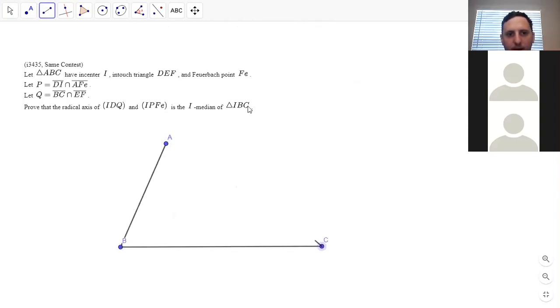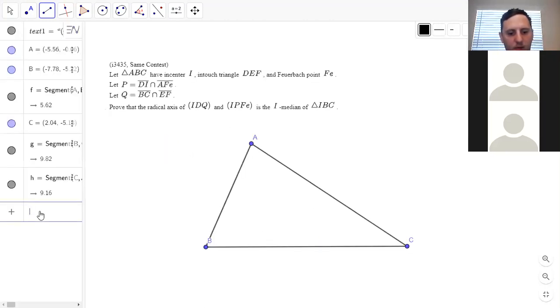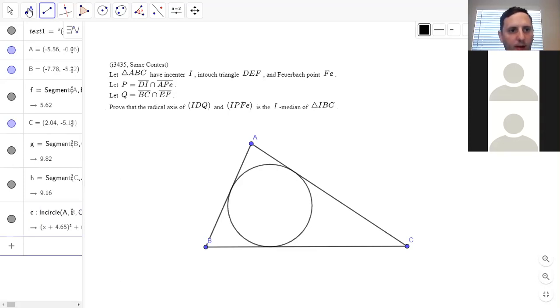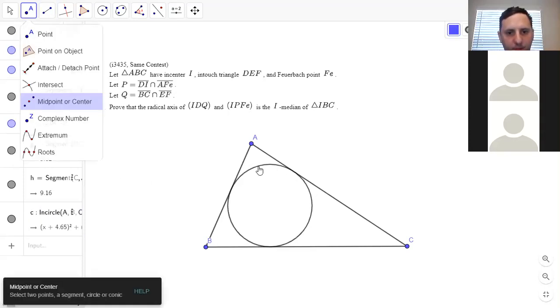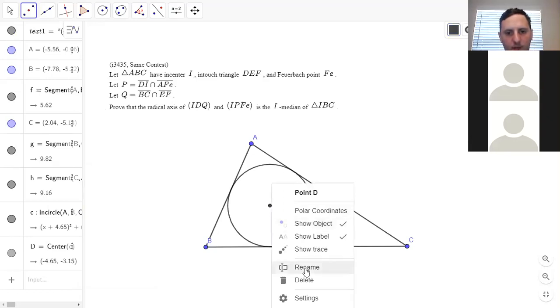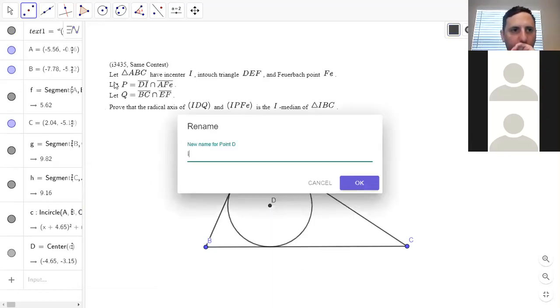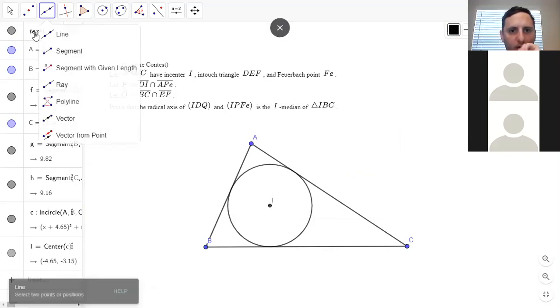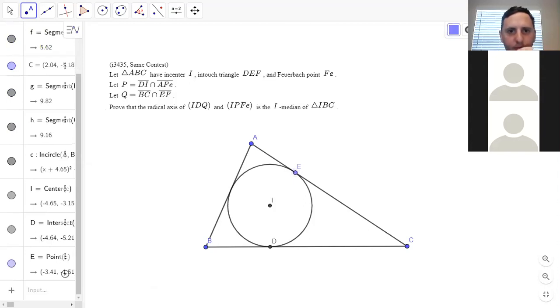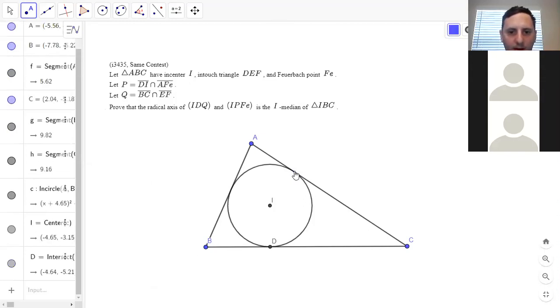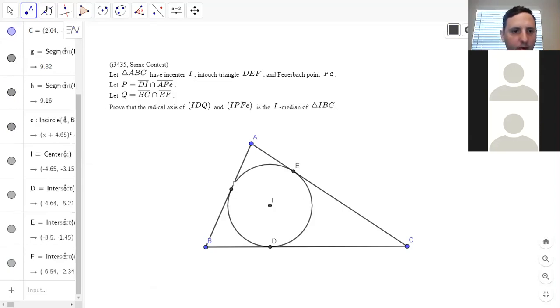Let's draw the 9-point circle, and then let I be the center of it. So you have D, E, and F. And then let's draw the 9-point circle.